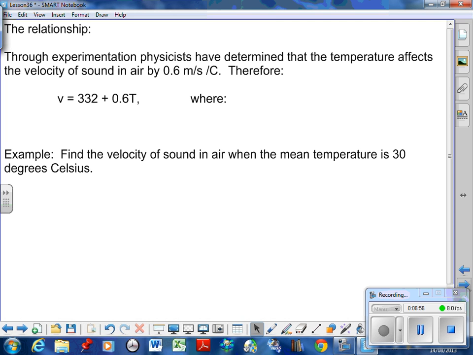So through experimentation, physicists have determined that the temperature is a linear relationship. So they've plotted it, and they found that it's 0.6 meters per second per degree Celsius. So just cleaning up our formula, V is the velocity of sound, and T, and I don't understand why I used capital T there when I typed that up.